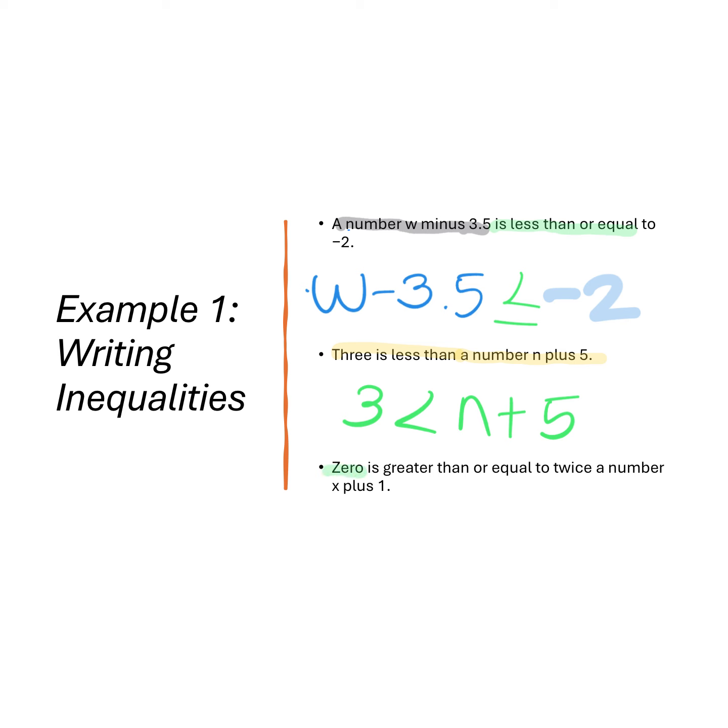It's going to be 0 is greater than or equal to, correct? To twice what? A number. What does twice a number will be? What will be the representation of it? 2x plus what? Plus 1.